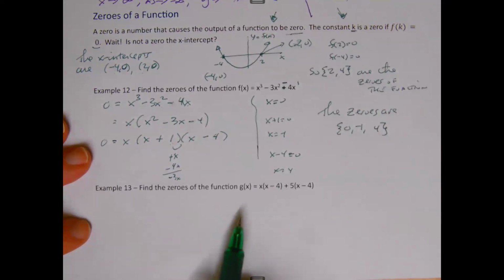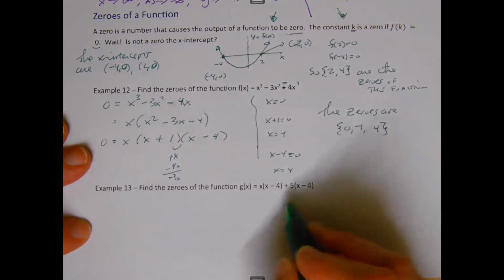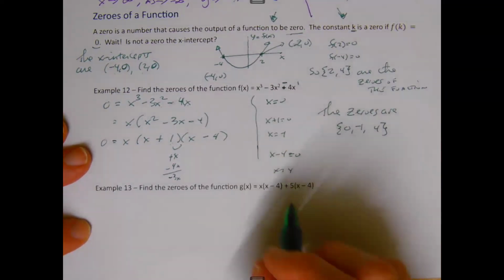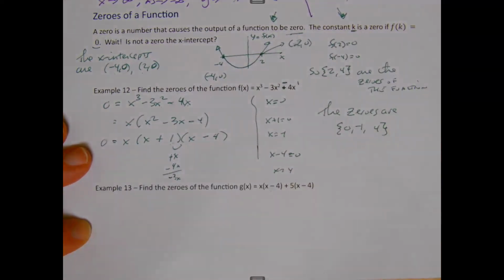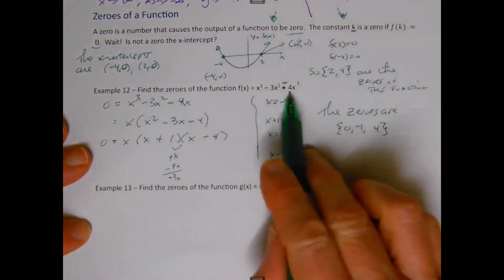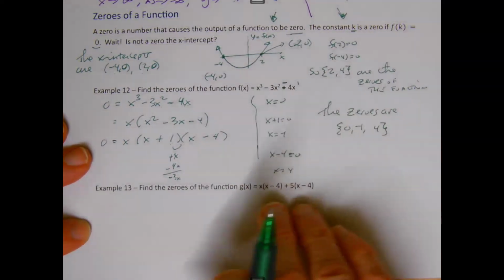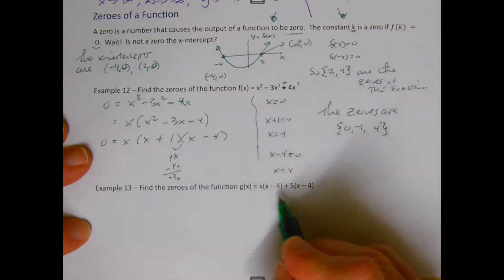Find the zeros of the function g of x equals blah, blah, blah. And again, notice this is a polynomial. It's in semi-factored form. So if I were to distribute and add like terms, I can make it look like this format right here. But I want it in factored form anyway, so this is nearly factored.